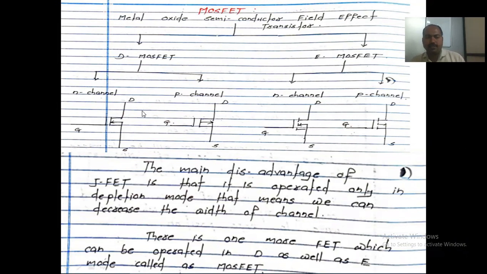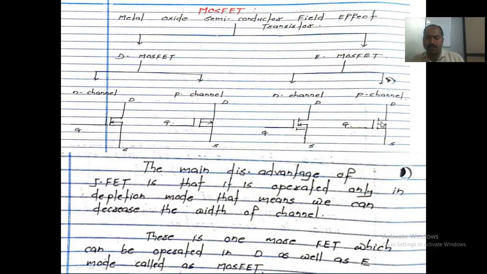Okay, we have seen the symbol of it. For the depletion type MOSFET, we have seen this diagram. In that diagram there should not be a point in between the three, right?